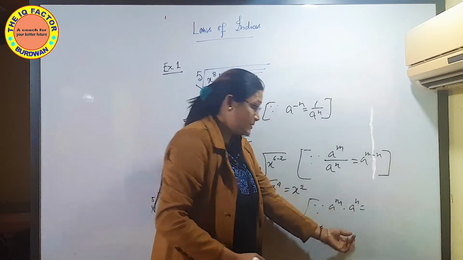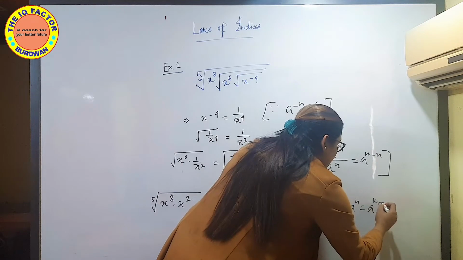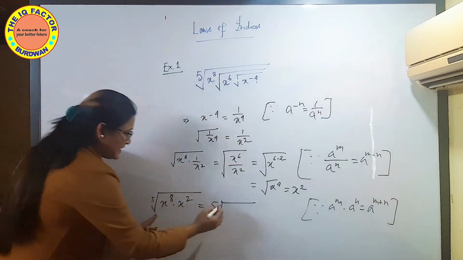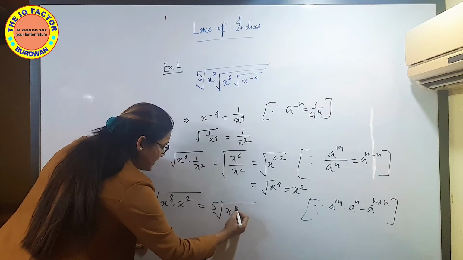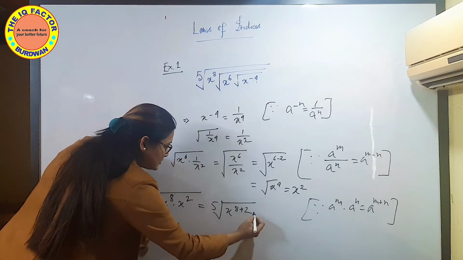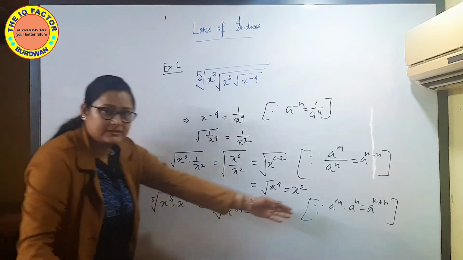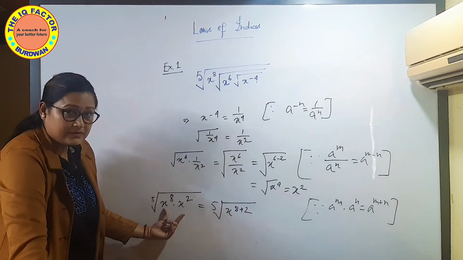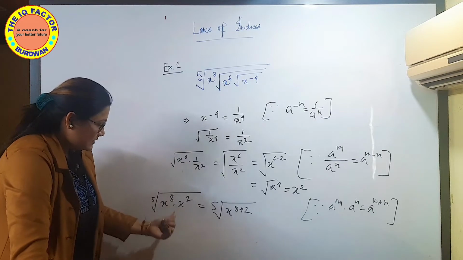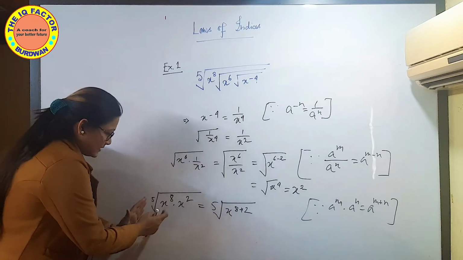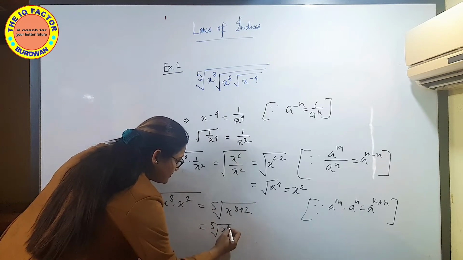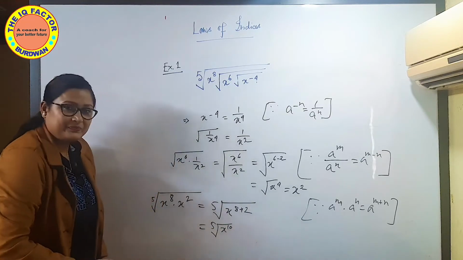It is multiplication, a to the power m plus n. So, it is x to the power 8 plus 2. You can relate the laws to that. x to the power 8 into x to the power 2 is equal to x to the power 8 plus 2, that is x to the power 10.